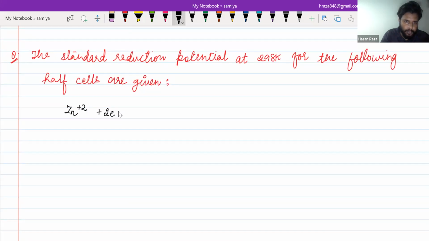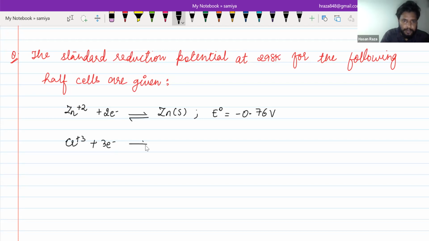Zn plus 2 electrons gives zinc in solid, which has E naught value minus 0.76 volt. Again, Cr plus 3 electrons gives Cr in solid, E naught value is minus 0.740 volt.